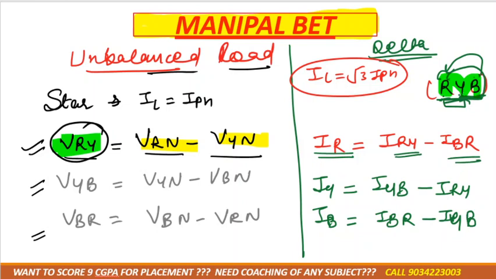Because BR minus YB. Got it? So we'll have these formulas for the unbalanced load. If there is a question of unbalanced load, then you have to look in this formula. It is also mentioned in your handbook. Got it?